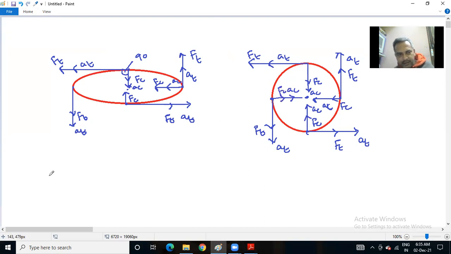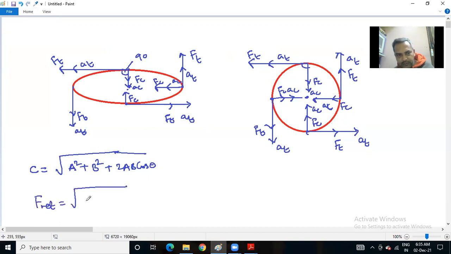So we can write the net force. Since two vectors are perpendicular, because tangential force and centripetal force are perpendicular, making use of the parallelogram law, we got the equation for the magnitude of the resultant vector: A square plus B square plus 2AB cos theta. Similarly here, F net is equal to Ft square plus FC square.